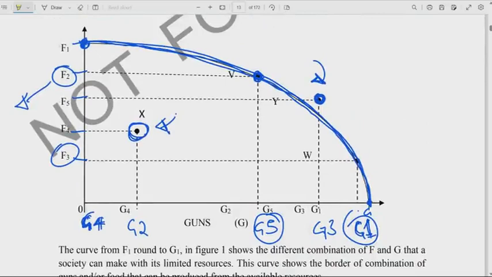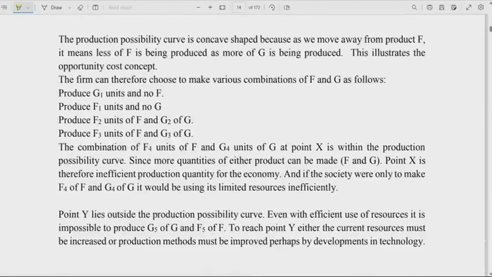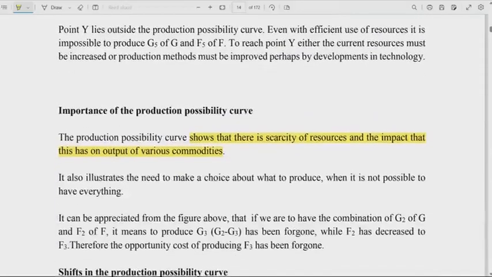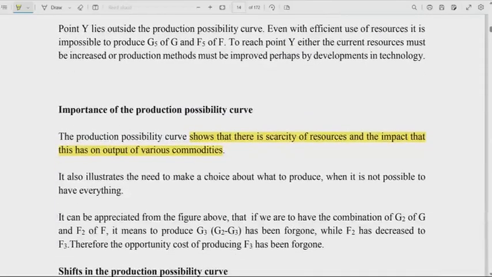So it's showing us that we can choose at this point or at this point or any place around this point, because we cannot produce everything. So the first importance is that it shows that resources are scarce and how this impacts on the output, right?